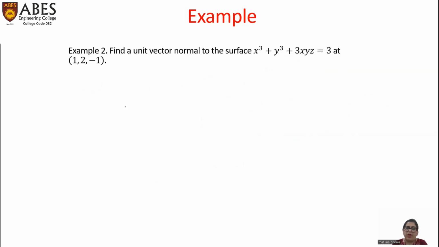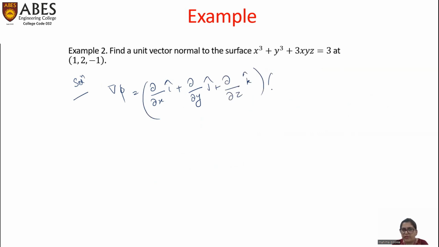Now example 2: you have to calculate the unit vector normal. Again, firstly, you'll be calculating the gradient of the surface. It will be partial derivative with respect to x i cap, partial derivative with respect to y j cap, partial derivative with respect to z k cap, and the surface will be x cube plus y cube plus 3xyz equal to 3.